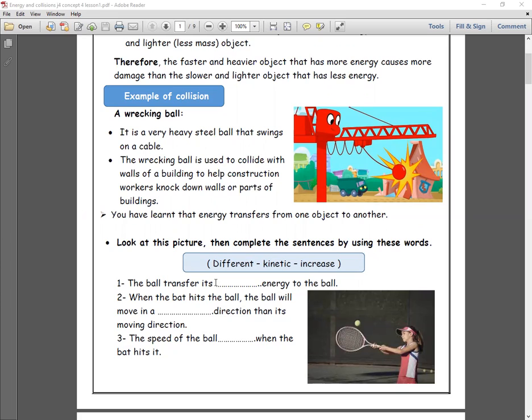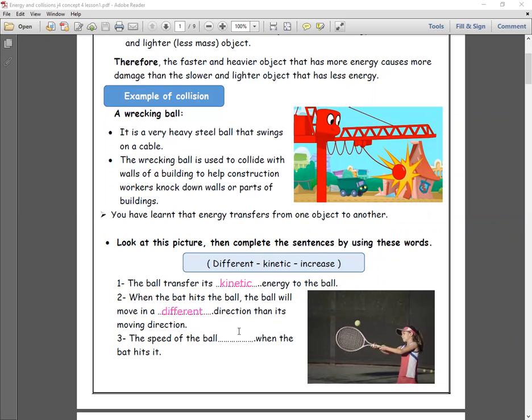Due to the paddle's movement, it will transfer its kinetic energy to the ball. Number two, when the paddle hits the ball, the ball will move in a different direction.